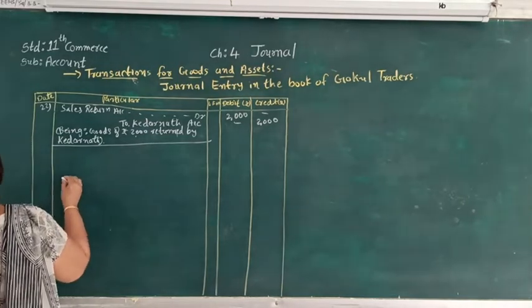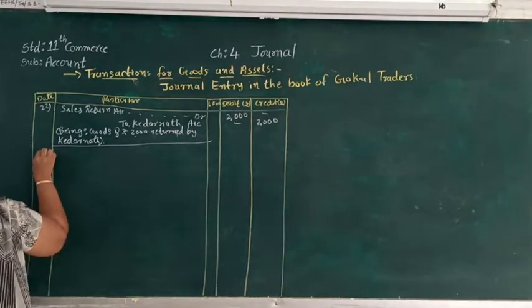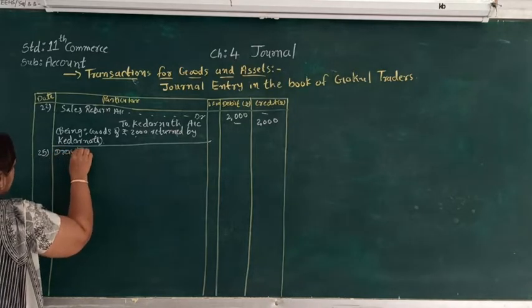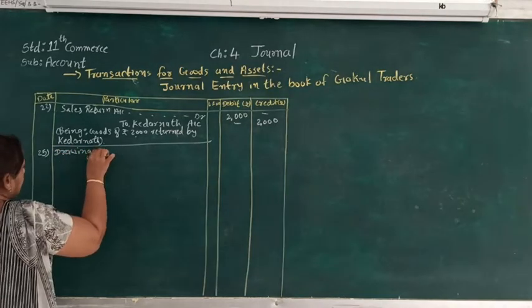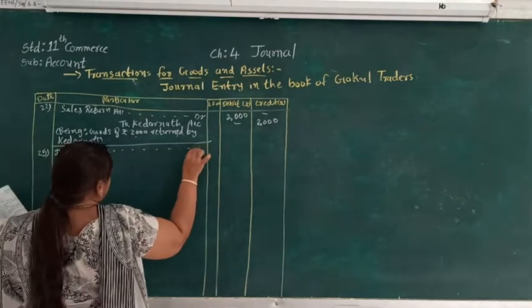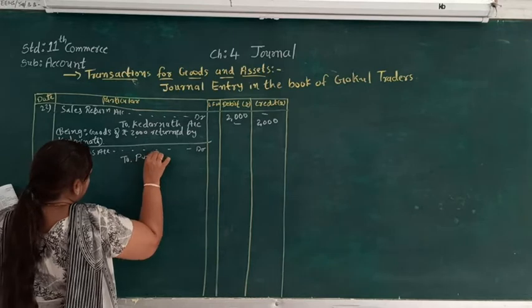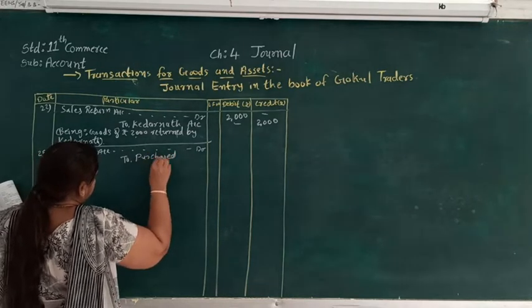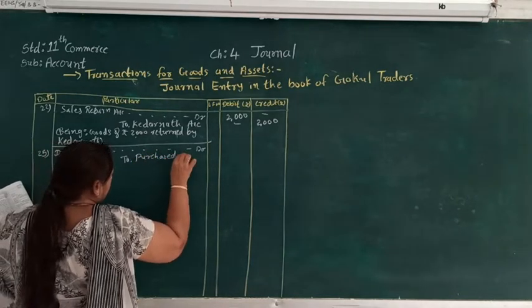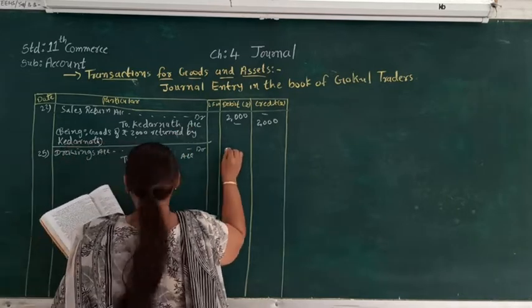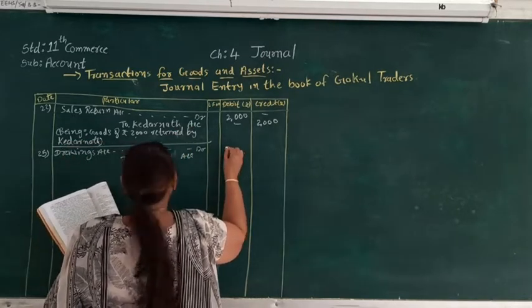On 25th, drawing account debit to purchase account, and the amount will be 500.